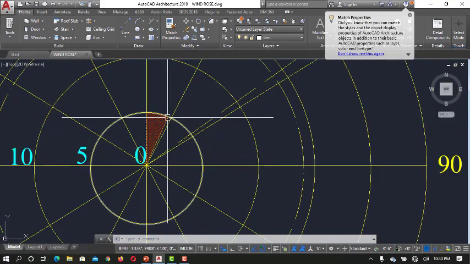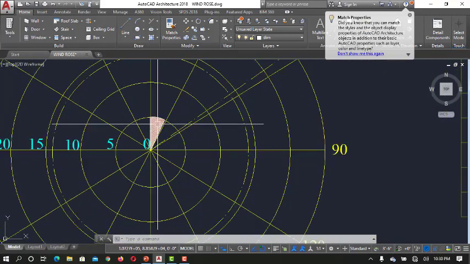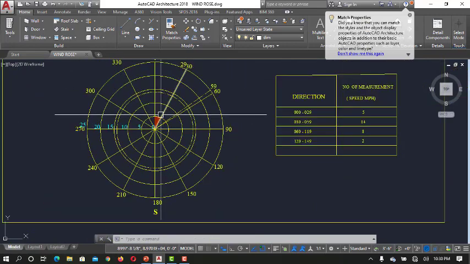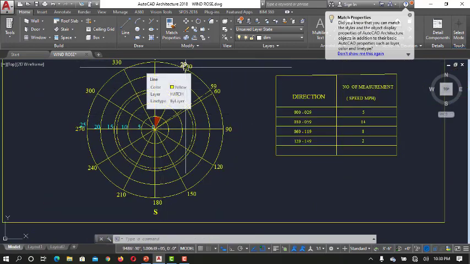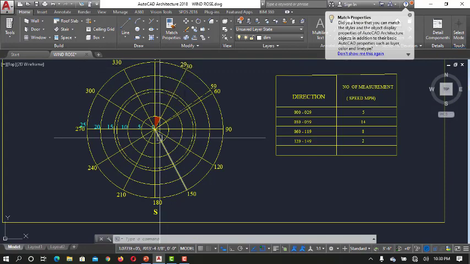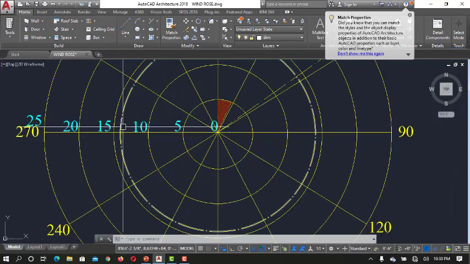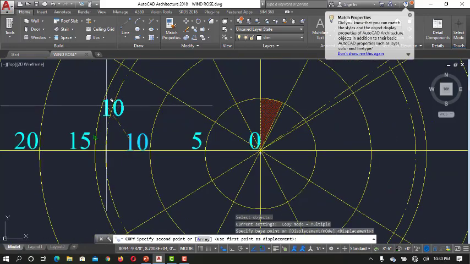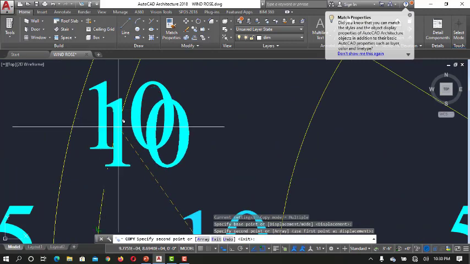So next was your 59 and the speed is 14. So this is basically 14. I'll write over here 14. Kindly don't get confused. This particular line is your 14, and your degree was between 30 and 59.